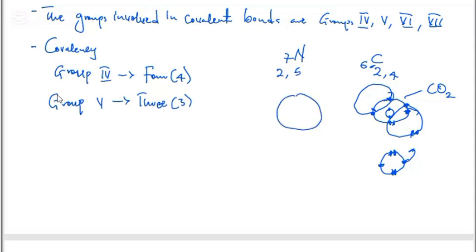That means it has 5 valence electrons: 1, 2, 3, 4, and 5. So you can see it requires 1, 2, 3 more. So you can share these 3 in order to complete the atomic shell. Group 6 requires 2, so it has a covalency of 2. And group 7 has a covalency of 1.